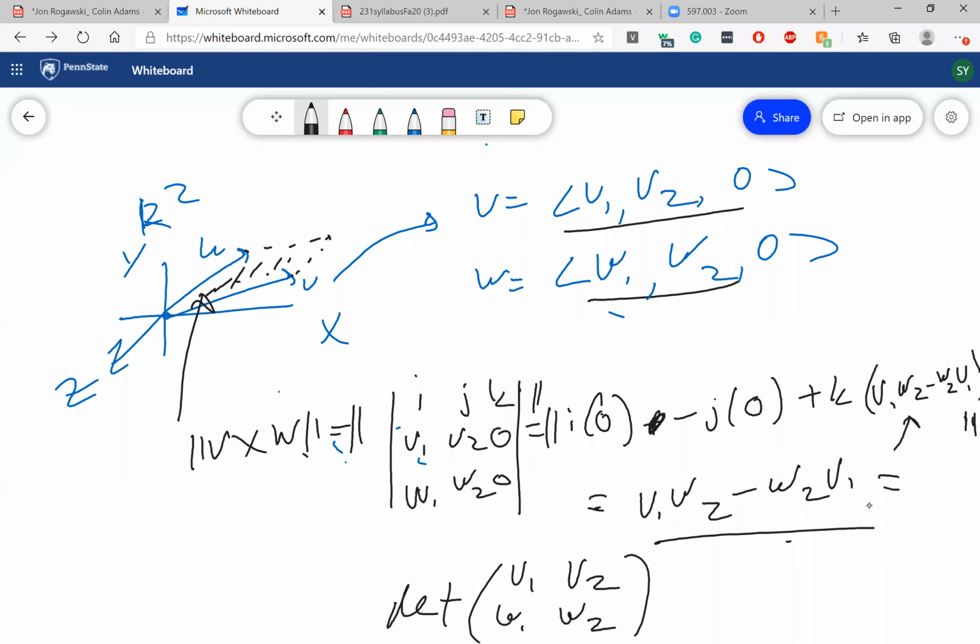Yeah, correct. Okay, minus W1 V2. So yeah. Okay, perfect. So now this is the determinant, yeah? Okay, perfect.